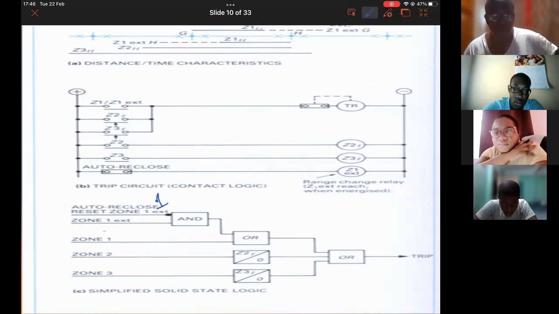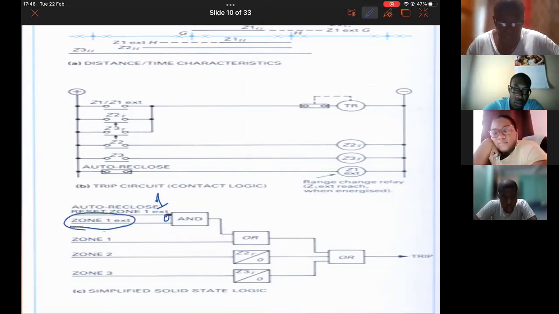So you'd have had a 1. So you'd now have 0, which renders the Zone 1 extension of no effect. So it allows you to have only one operation. That's the point we're trying to make, which is why it isn't something that you would install as a protection system. You are only using it because you have lost your communication network. So this Zone 1 extension, for lack of a better word, is really a stopgap.